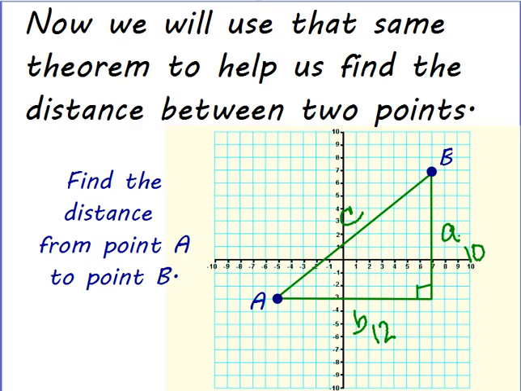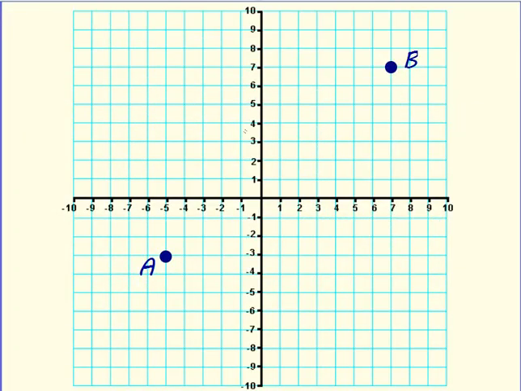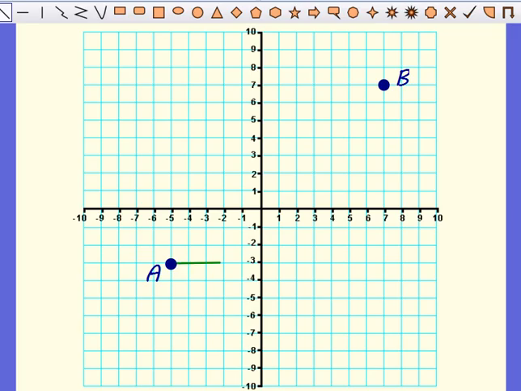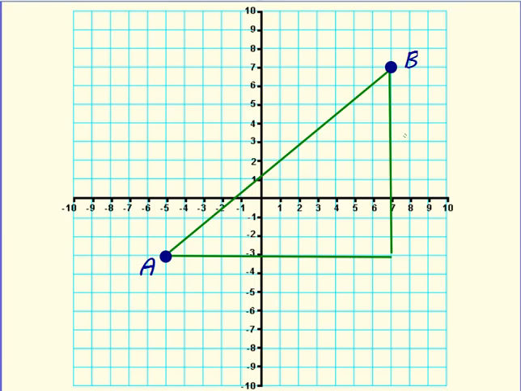So I'm going to use the Pythagorean theorem then to help me do that. I'm going to redraw in the line so it's a little easier for you to see. Again, if you count this out, side A has a length of 10, side B has a length of 12, and we're looking for the hypotenuse C. So I'm going to put this into the Pythagorean theorem.